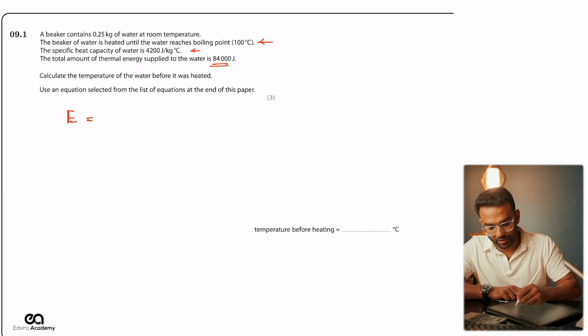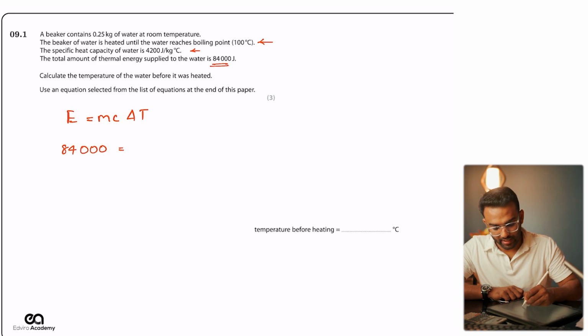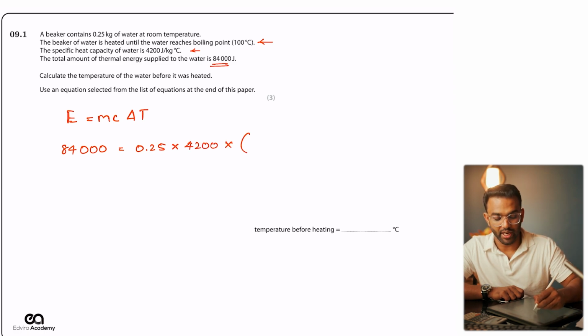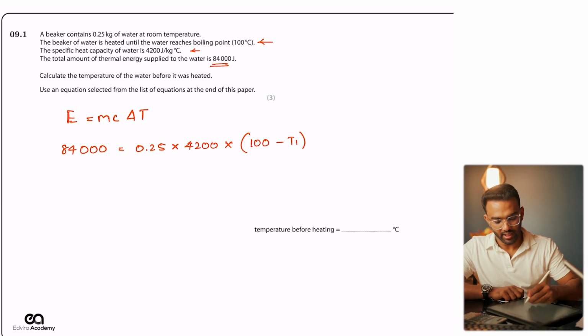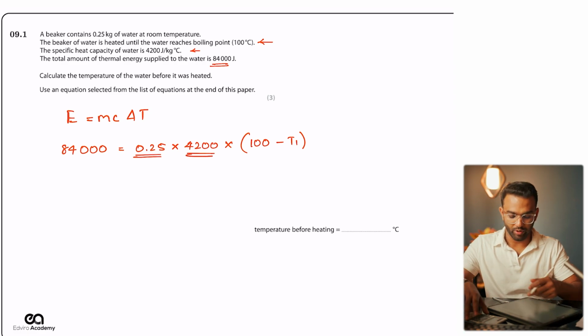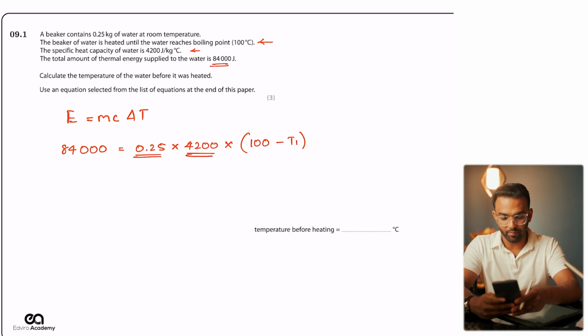So E equals mc delta T. Energy is 84,000 joules, and mass is 0.25 times specific heat capacity 4,200 times change in temperature. So it's 100 minus T1, 100 minus initial temperature.